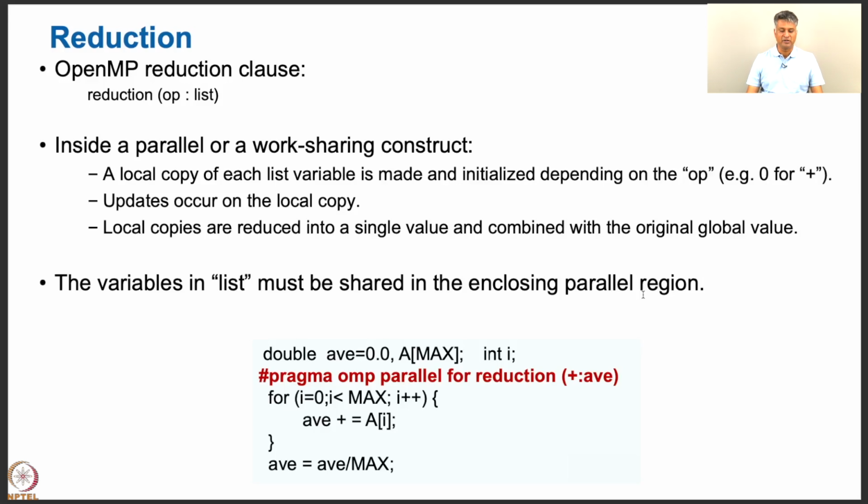Each thread will make its own local copy of AVE, and then implicitly a global AVE will be computed critically. All this operation is hidden from the user. And then finally, we can safely compute the average by dividing the AVE, once it is out of scope of the parallel for, which will now be the global AVE, by the number of elements, which is max.